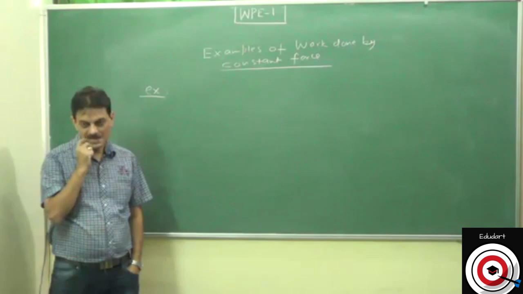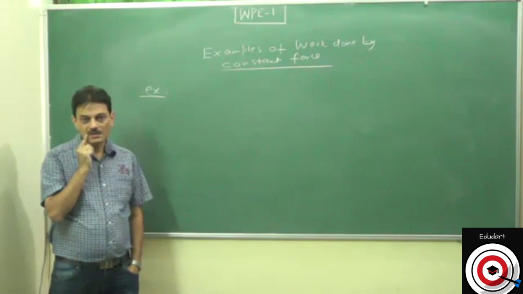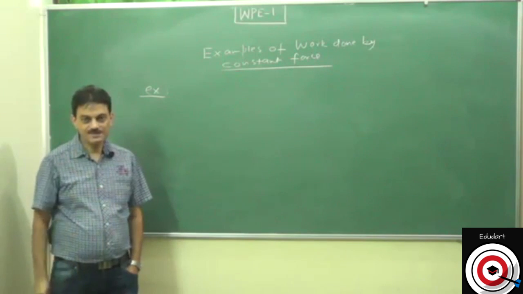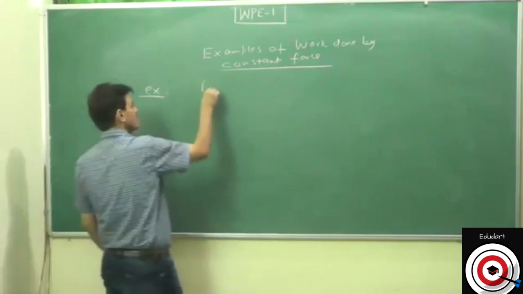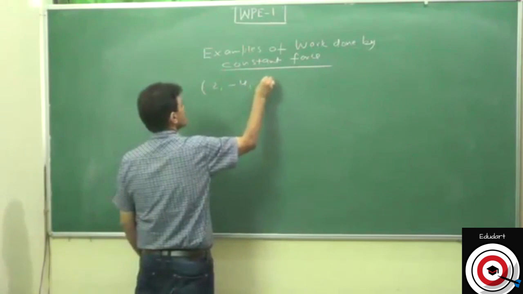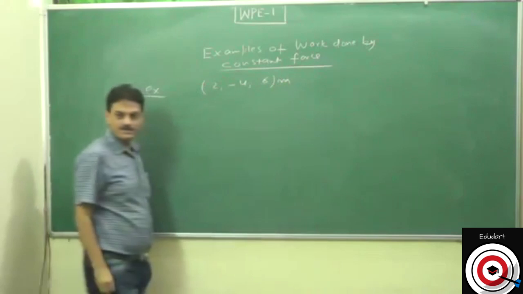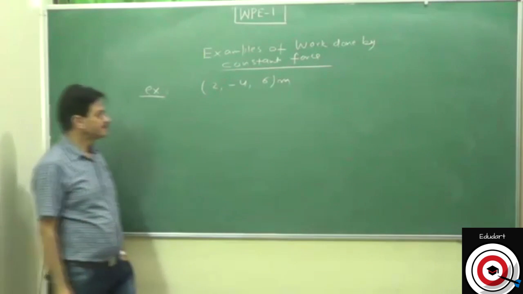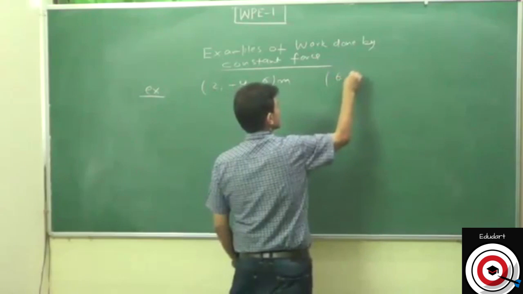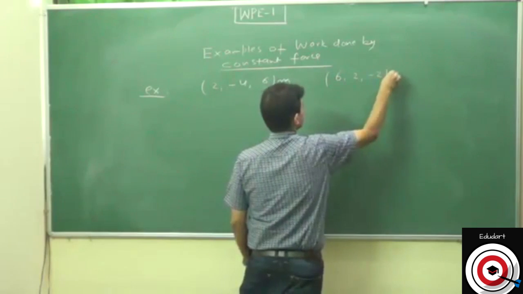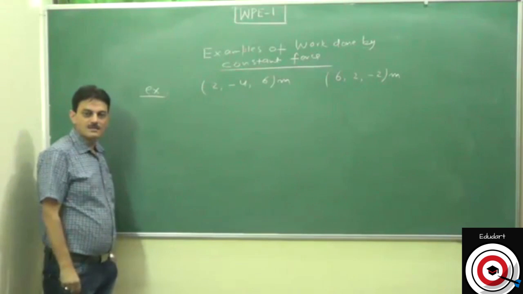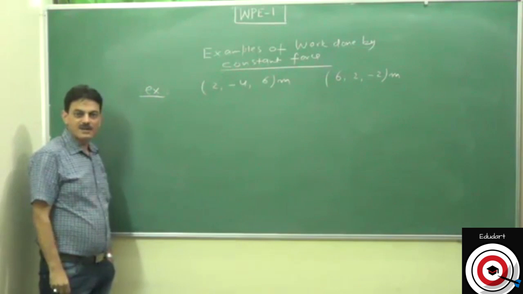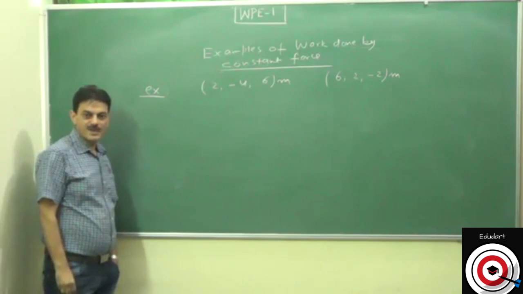The body is displaced from (2, -4, 6) meter to (6, 2, -2) meter. Find work done by this force.